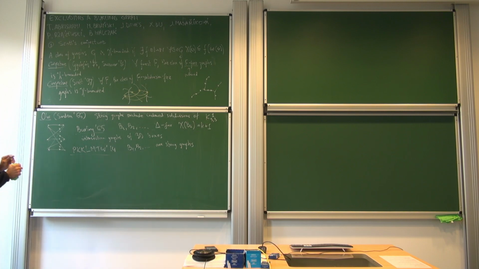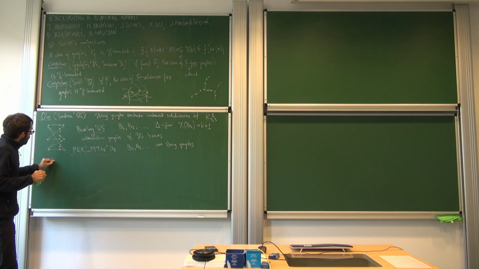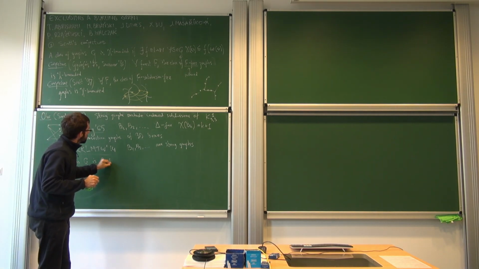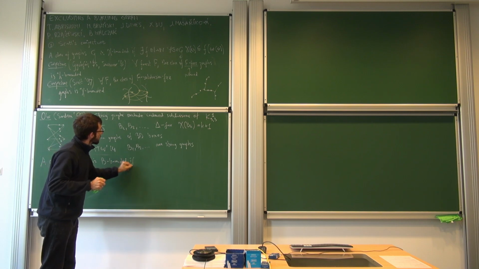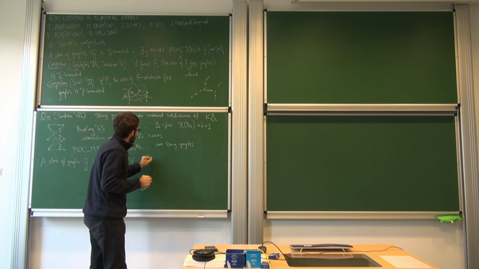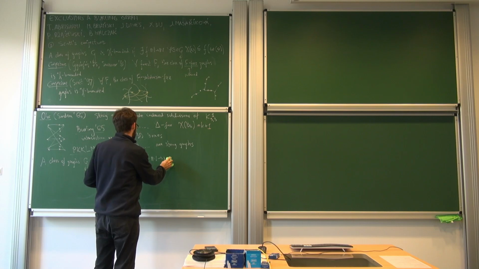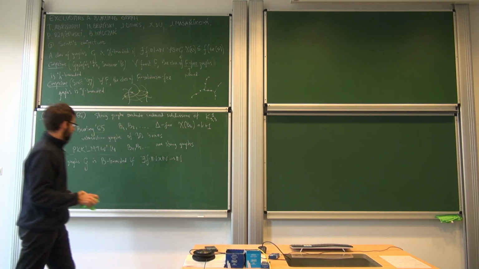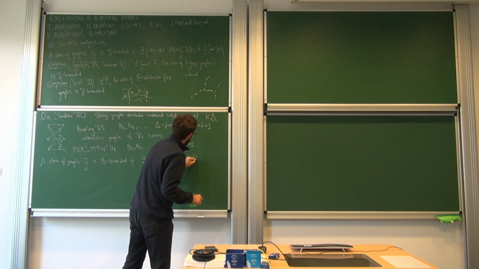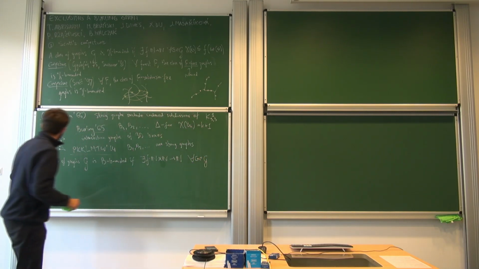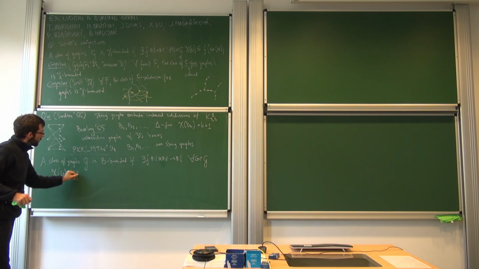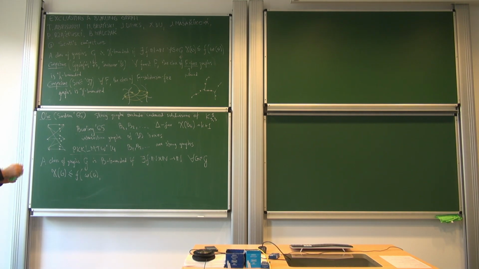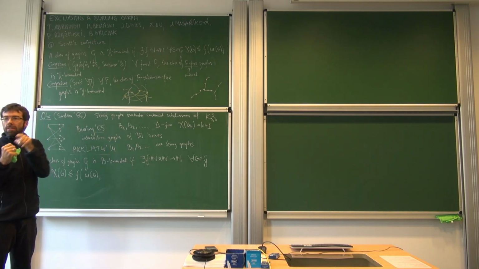Okay, so let me now introduce this definition that a class of graphs G is B-bounded if there is a function f, say a function with two parameters, such that for every graph G in the class, the chromatic number of G is bounded by that function, first of the clique number, but also, as the second parameter, we take the maximum size of a Burling graph contained in that graph as an induced subgraph.